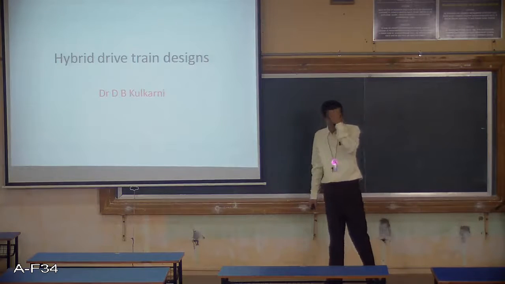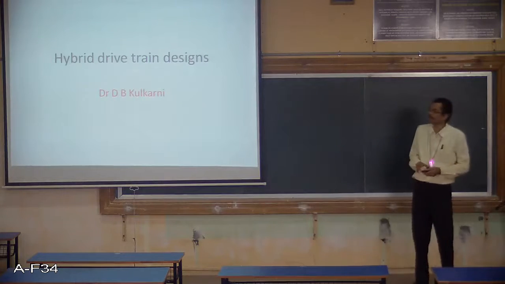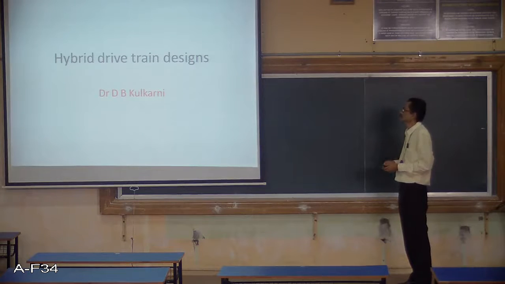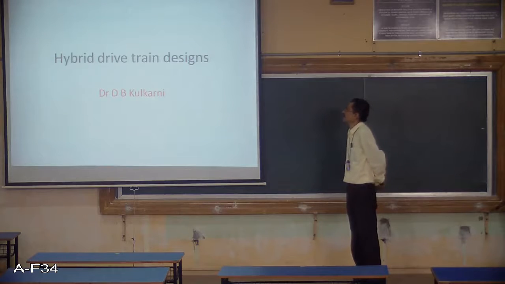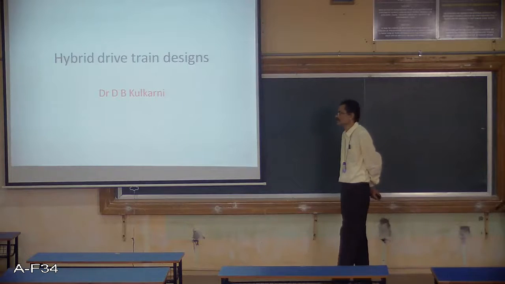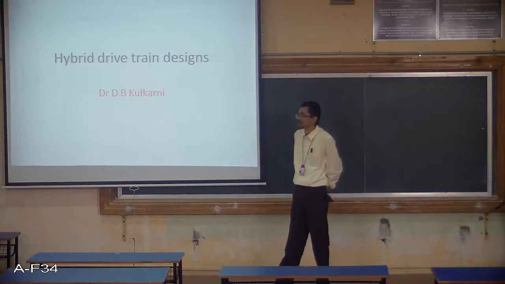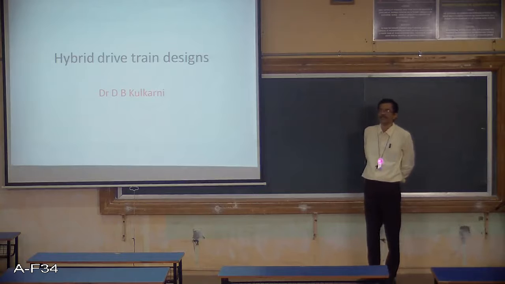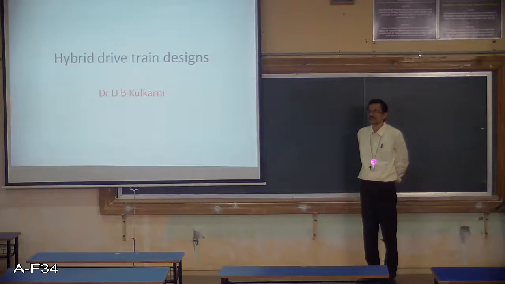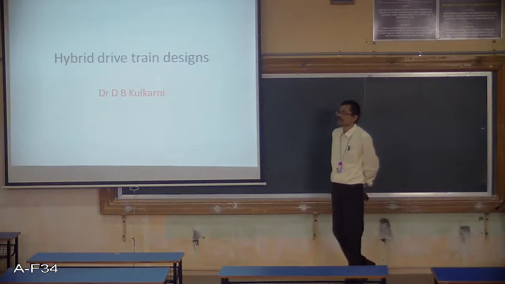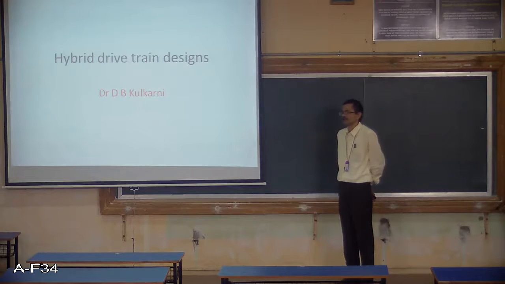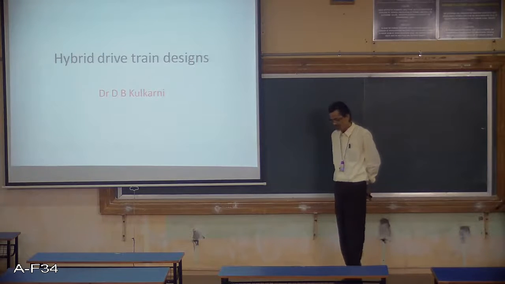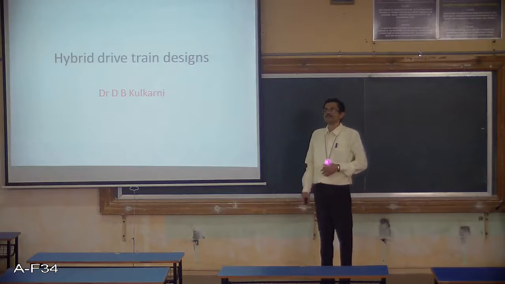In the earlier four units, we have seen the introduction to electric vehicles and hybrid vehicles, the various compositions of electric and hybrid vehicles, and what the various motors used for electric vehicles are, such as DC motors, induction motors, switch reluctance motors, brushless DC motors, and so on. How these motors are used in connection with electric vehicles, we have seen.